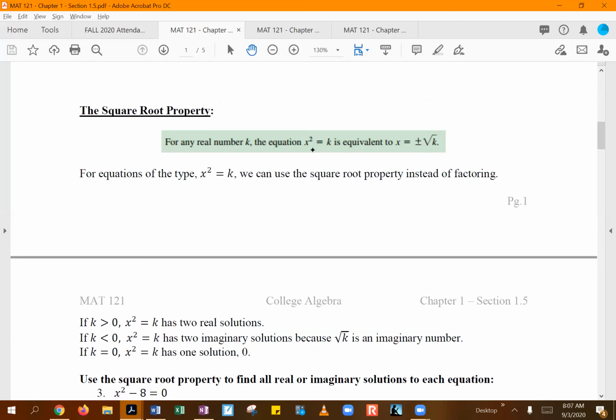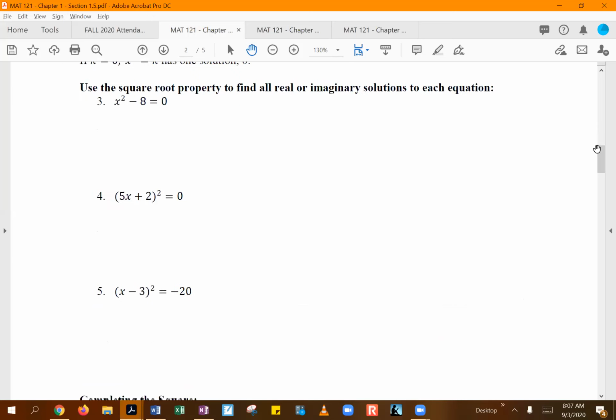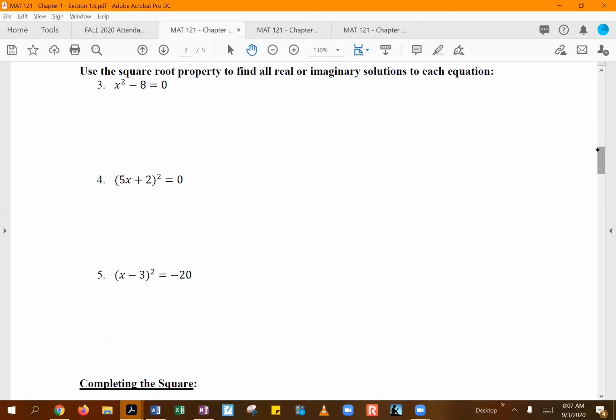Now, for the square root property, the idea is that our equation should be in a format that looks like this. You should have your x squared on one side and a constant term on the other side, but you can modify that. It does not have to be just x squared on one side and a number on the other. If you look at examples 4 and 5, you can also have an expression which has an x in it.